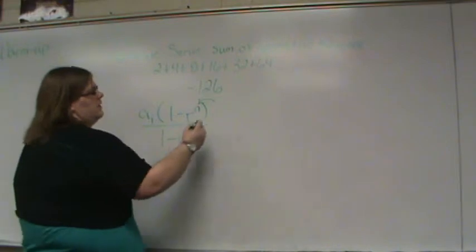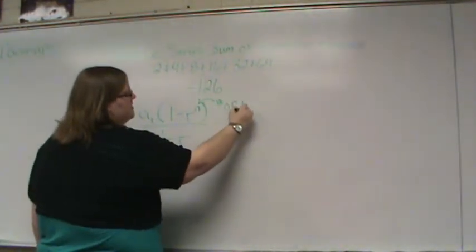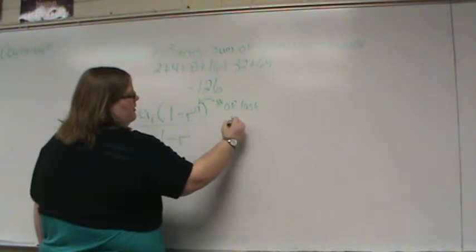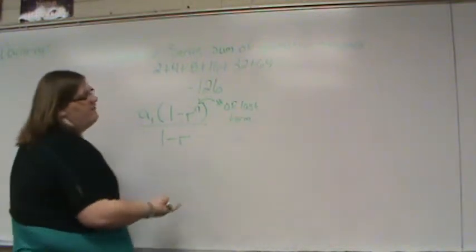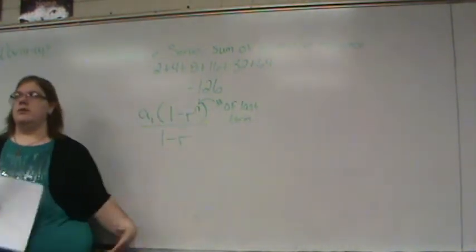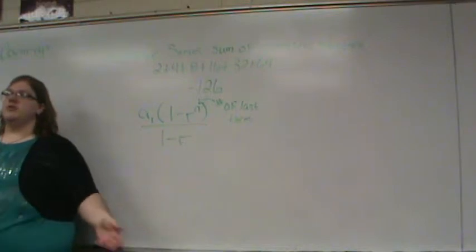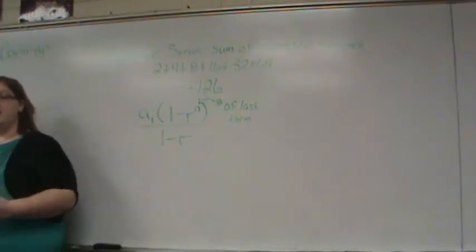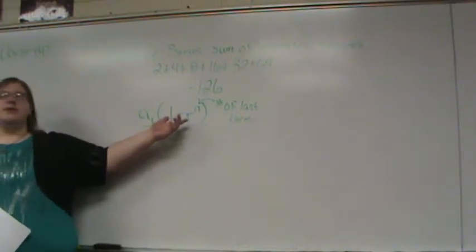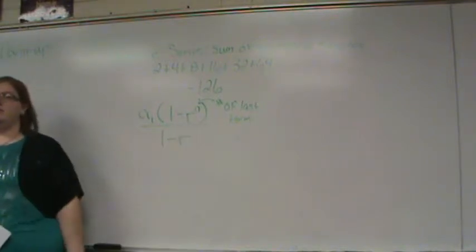Yeah. So this is our number of the last term. So if we have 50 terms, we know that n would be 50. So if we don't have a last term, which you wouldn't in an infinite series because it continues forever, you wouldn't be able to use this because you wouldn't have that n value.